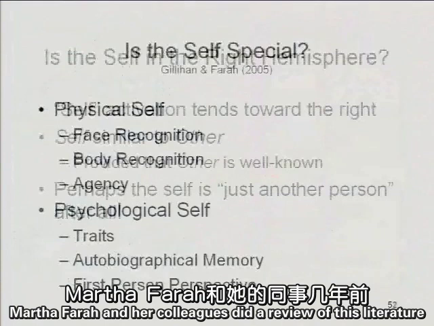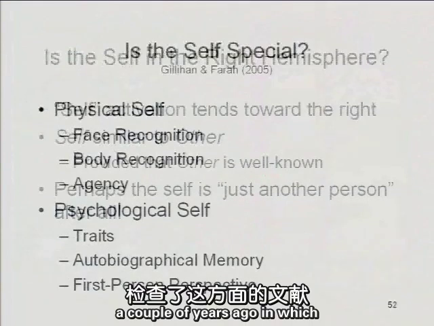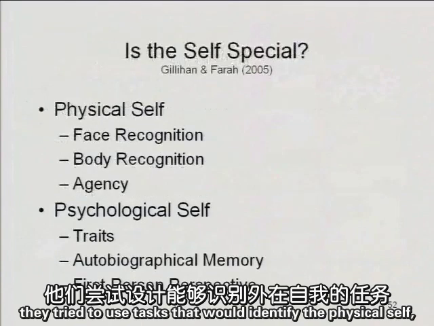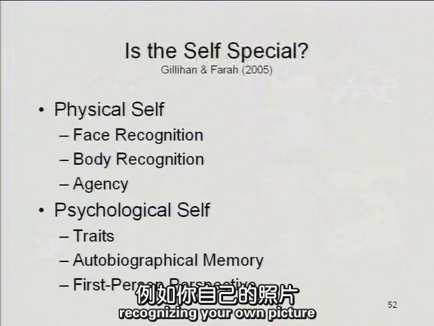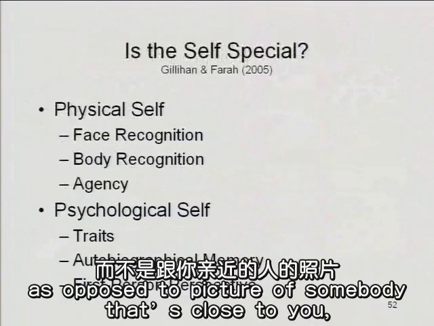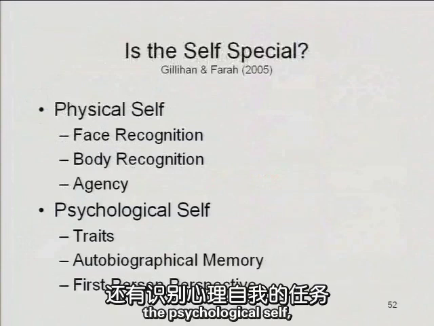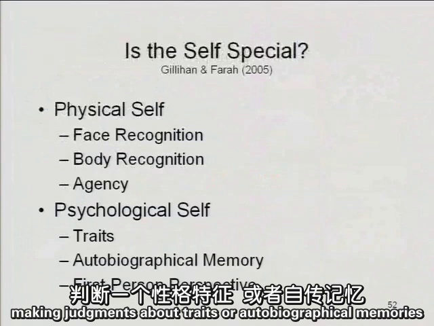Martha Farah and her colleagues did a review of this literature a couple of years ago, in which they tried to use tests that would identify the physical self, recognizing your own picture as opposed to the picture of somebody that's close to you, and the psychological self, making judgments about traits or autobiographical memories.